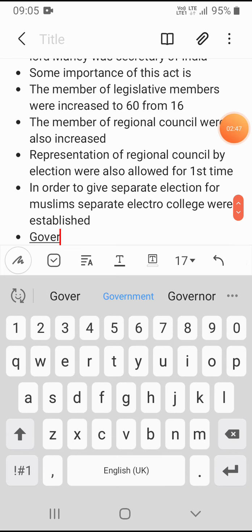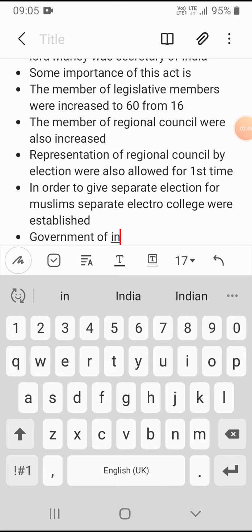Next is the Government of India Act of 1919.